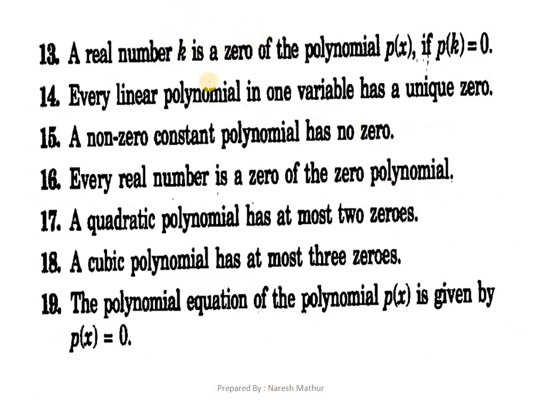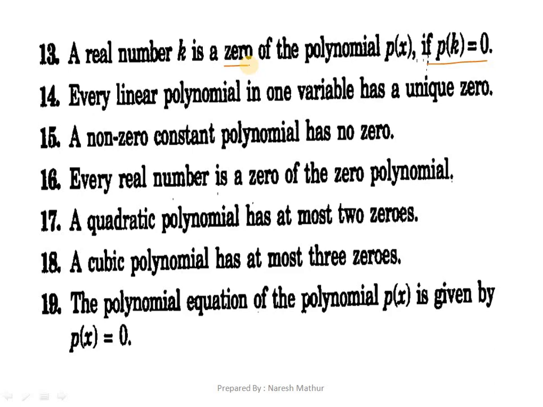A real number k is a zero of polynomial p of x if p of k equals 0. Now what is the meaning of zero? Zeros are the numbers at which the value of the whole polynomial becomes 0.